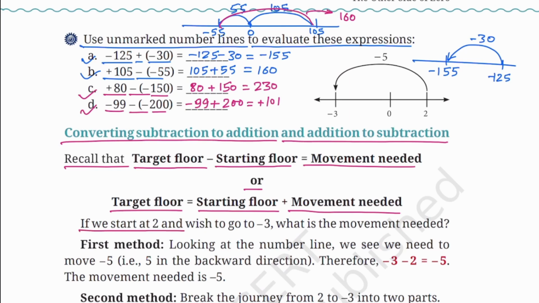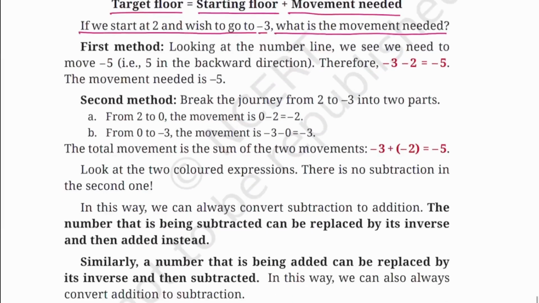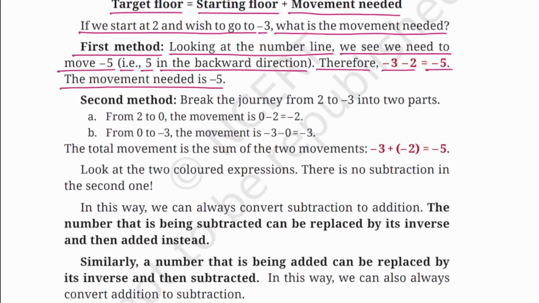If we start at 2 and wish to go to minus 3, what is the movement needed? First method, looking at the number line, we see we need to move minus 5, that is 5 in the backward direction. Therefore, minus 3 minus 2 is equal to minus 5. The movement needed is minus 5.